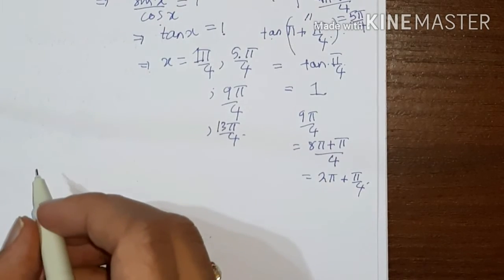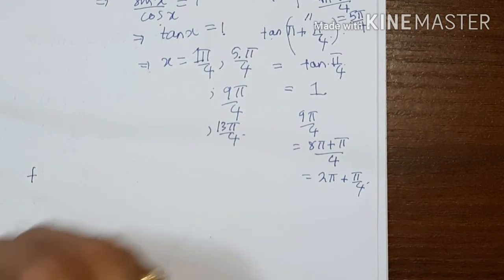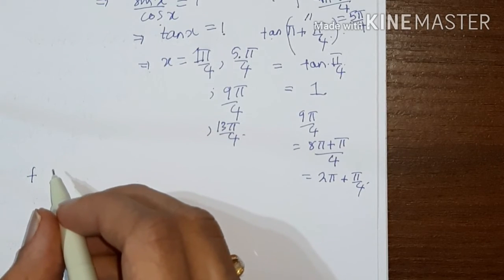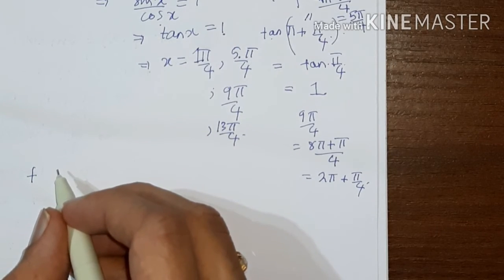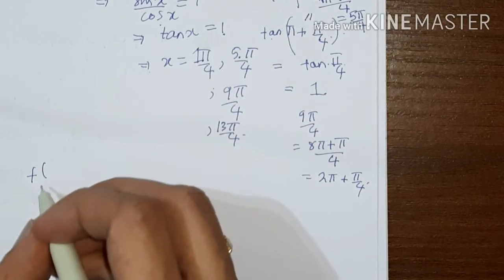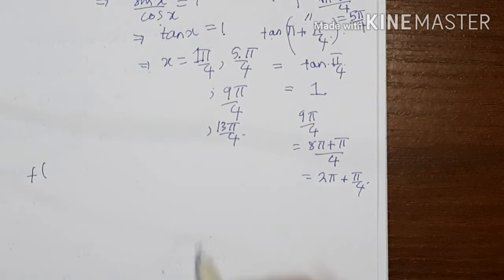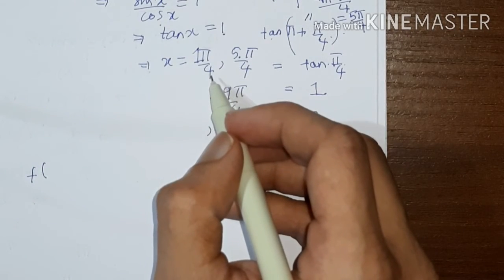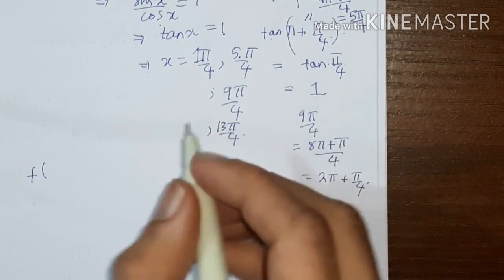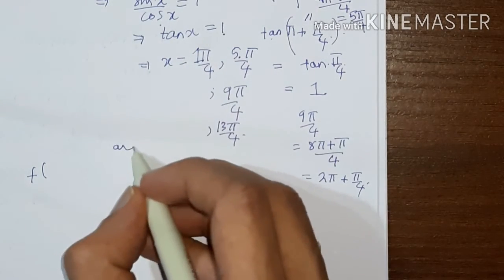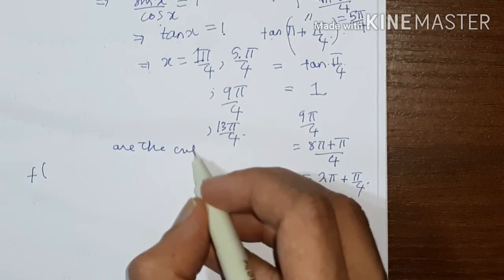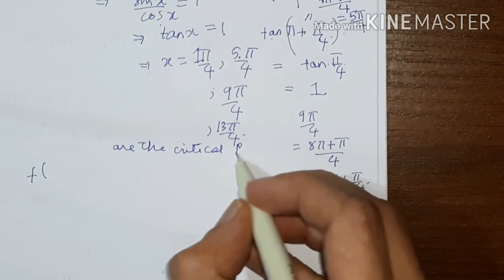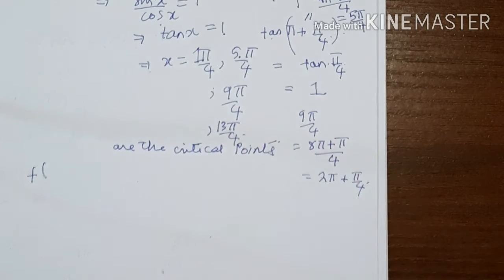Now, if you substitute the value first as pi by 4, because these are the critical points, right? You have to check the value of the function at the critical points.